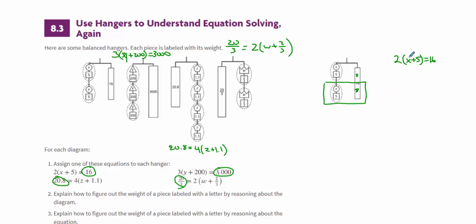Since I have 2 x plus 5s, I'm going to divide by 2, because that's what I did. I just divided this side by 2 to get half of it. So now I end up with x plus 5 is equal to 16 divided by 2, which equals 8.